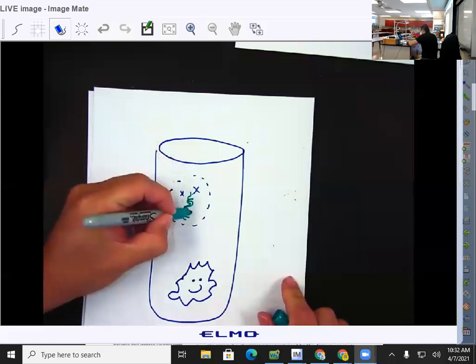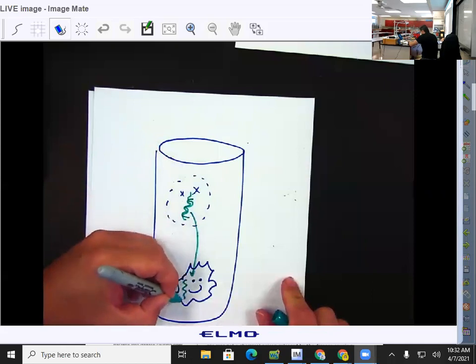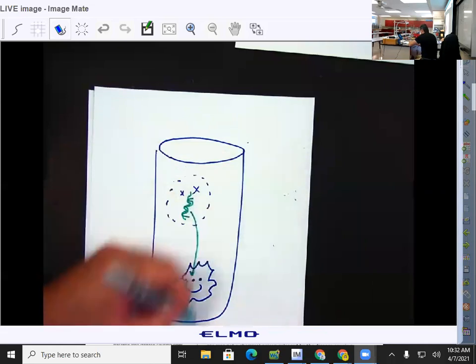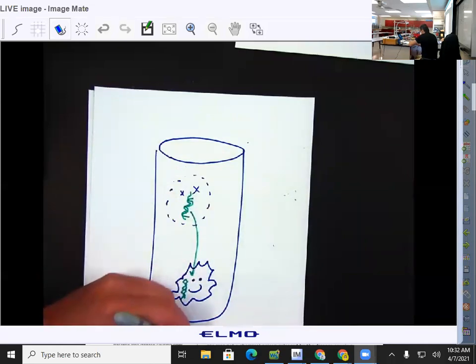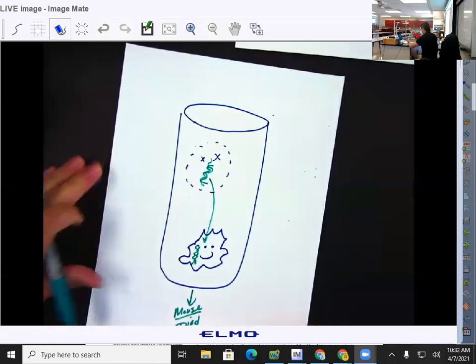So somehow this DNA got into this guy. And so what ended up happening is when this stuff went into the mouse, the mouse died. And guess what the scientist did?